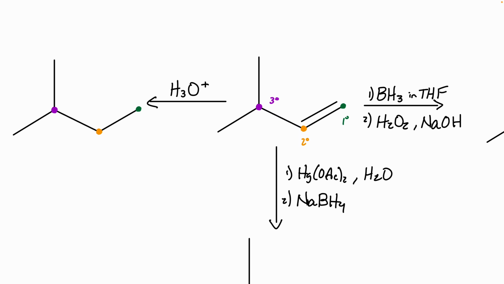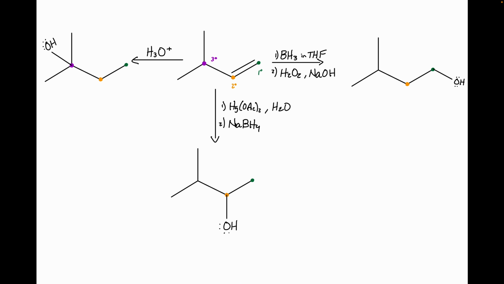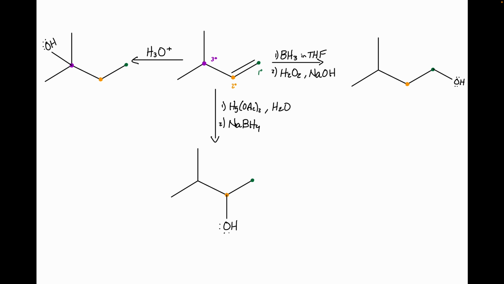So this substrate we chose in particular to stack these reactions next to one another so that we can really compare and contrast the differences between our hydration reactions. Both oxymercuration and acid catalyzed are Markovnikov, but with acid catalyzed you have to worry about hydride shifts that you don't have to worry about with oxymercuration reactions.